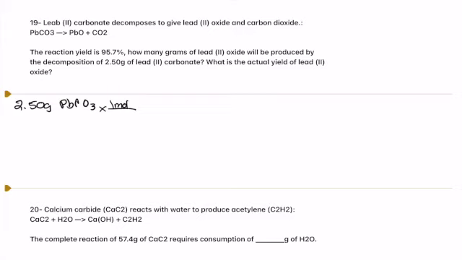I'm going to go ahead and convert that into moles. So we need to look up Pb, C, and O3. I'm just going to take a quick peek at the equation. The equation is balanced, so we're good to keep going here. Lead has a mass of 207.2 grams per mole, carbon 12.01, and oxygen of 16.0.